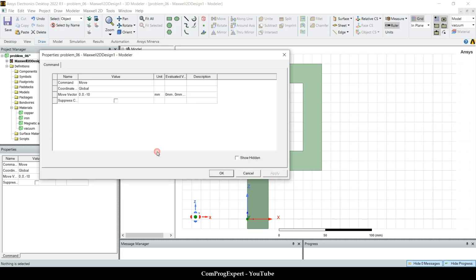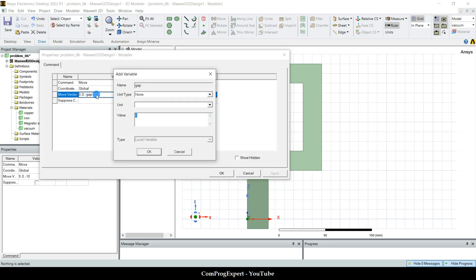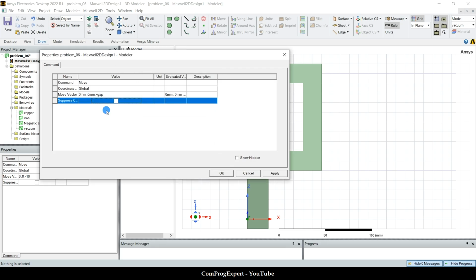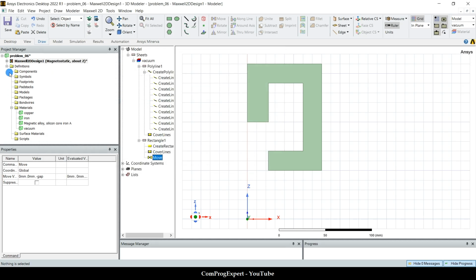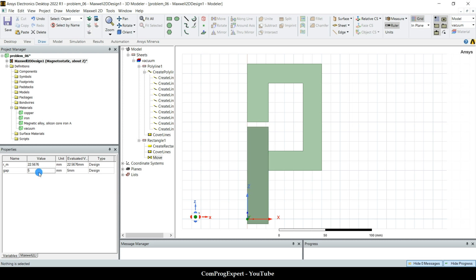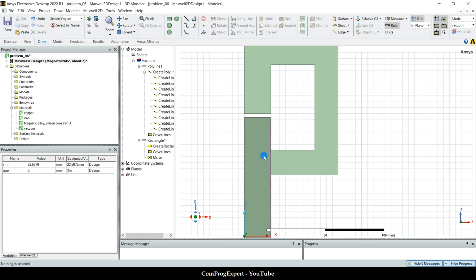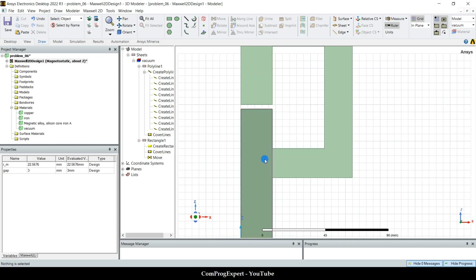Here we define this parameter, the gap, that is equal to, let's say, 5 millimeters. The air gap thickness is 5 mm. Now we can control, for example, 10, 0. Yes, we can determine the size of the air gap. However, we also have this contact with 0 air gap thickness.